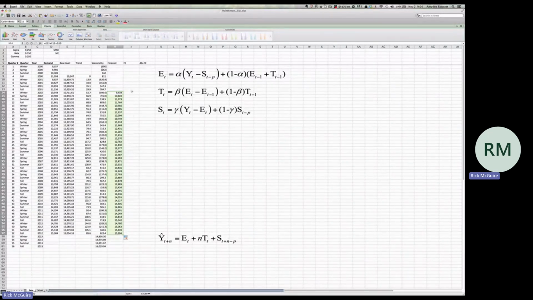And now this allows me to evaluate just how accurate these forecasts would have been. And to do that, of course, all I need to do is take the actual demand observation and subtract from that the associated forecast, which gives me the forecast error. And I'll also calculate the absolute value thereof. So now this will give me a means to assess just how good these forecasts actually are.